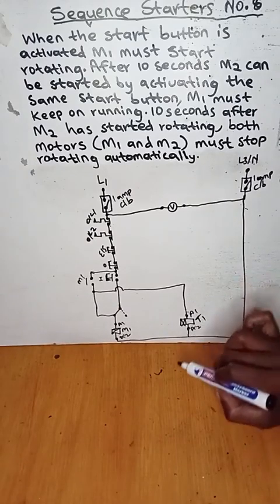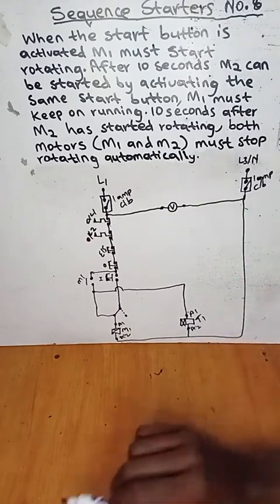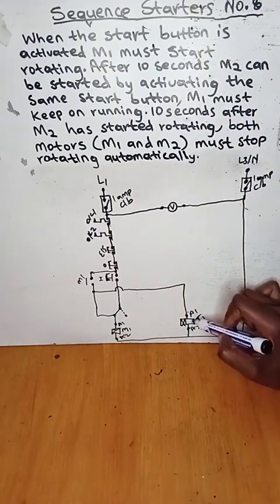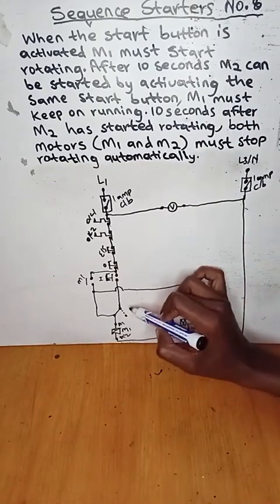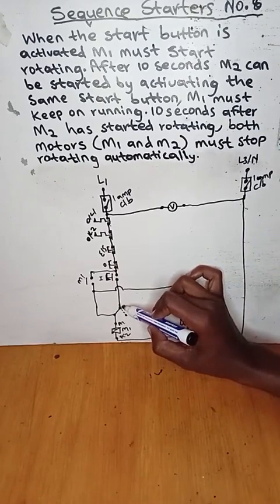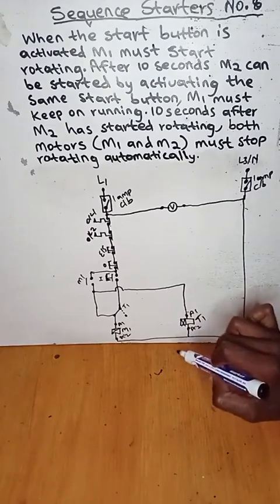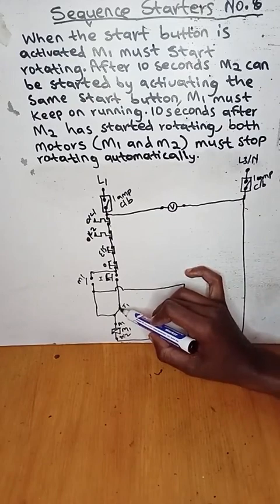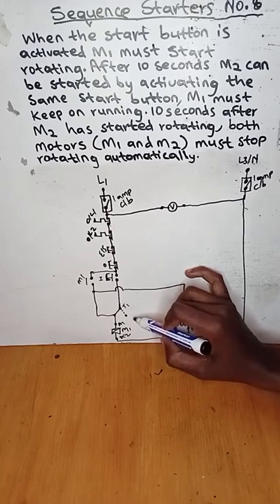This is T1 for delay on timer. So it will energize the delay on timer, which means this auxiliary contact will be for T1. After 10 seconds, it will trigger its contacts. Here it will be open and here it will be closed.